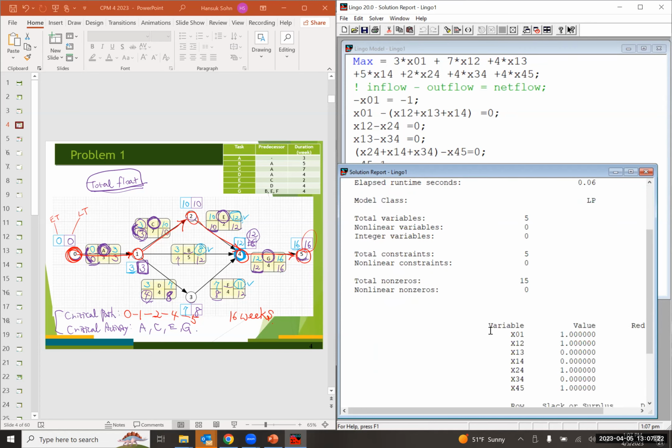And the critical path, according to Lingo, is going to be 0, 1, 2, 4, and 5, right? In a way, the critical activities include A, C, E, and G. All right?